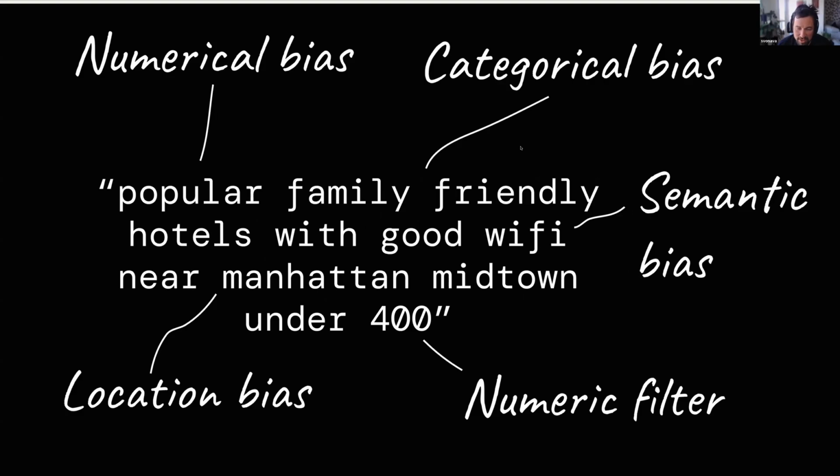Family friendly might be a categorical bias. Good Wi-Fi might be described in various ways in the reviews of the hotels, and that's a semantic bias. And then, of course, location, which is key in jobs, travel, and real estate. And then there is that under 400 as a filter, right?